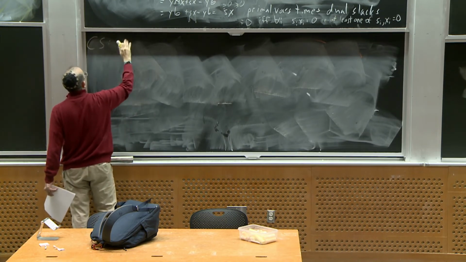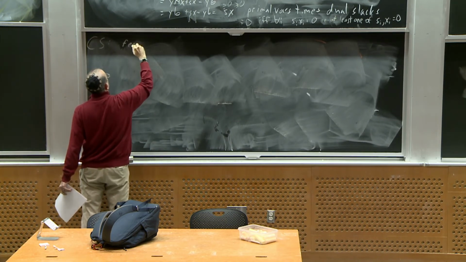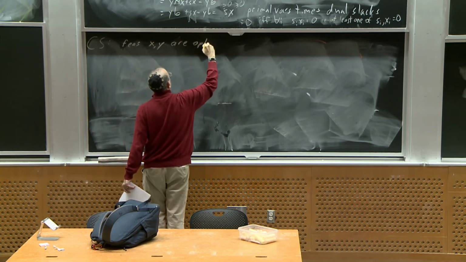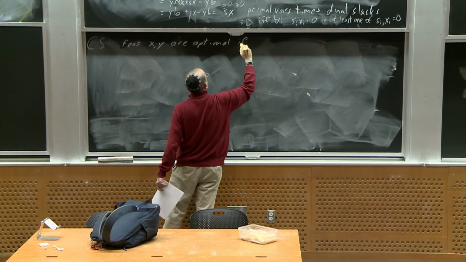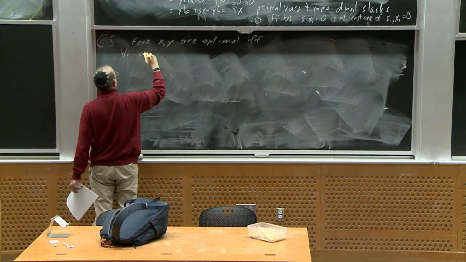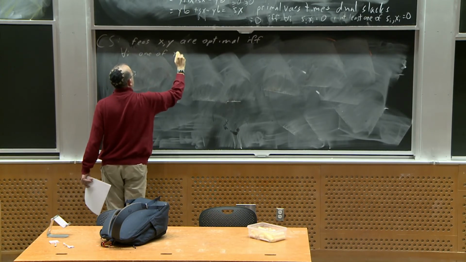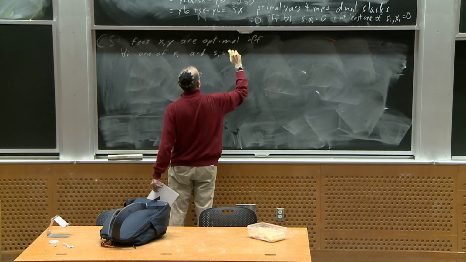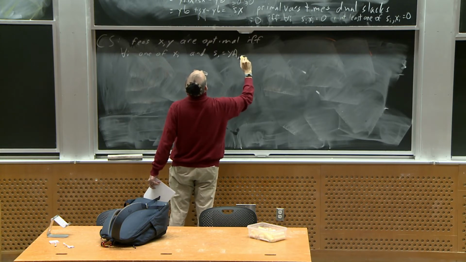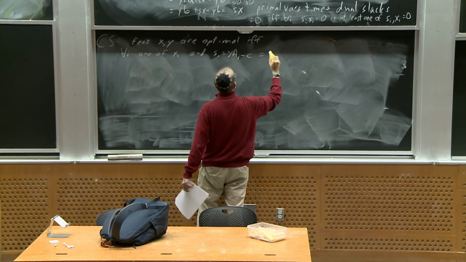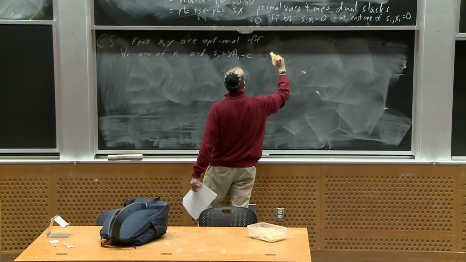Complementary slackness condition says that feasible x and y are optimal if and only if for every i, one of xi and si, which is yai minus c, is 0.